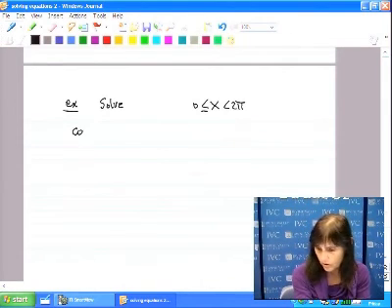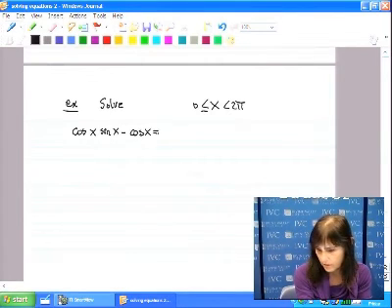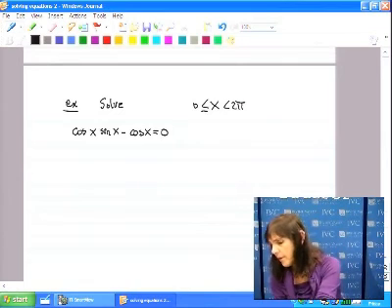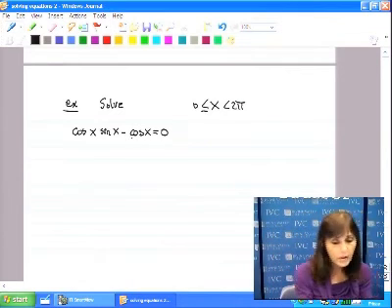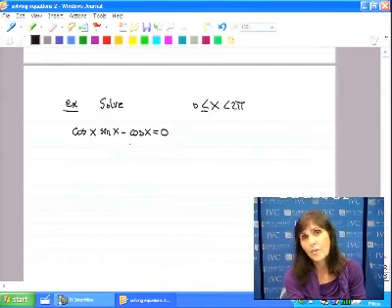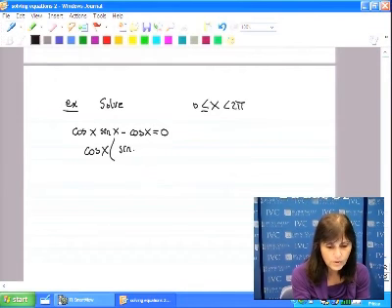And here's my equation. Cosine x sine x minus cosine x equals 0. Maybe I don't need identities here because I have cosine x repeating. Try factoring in quadratics and those kind of things first.